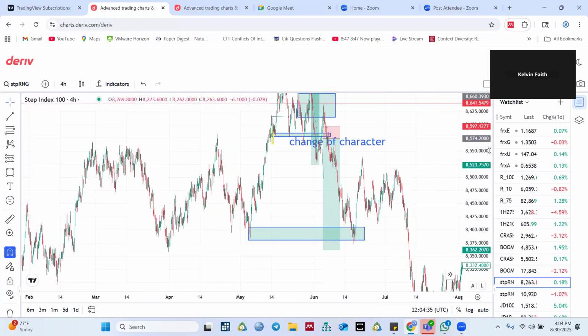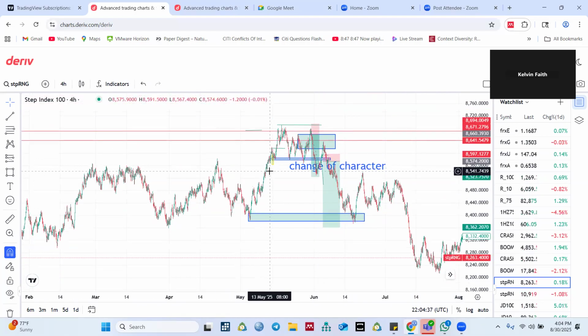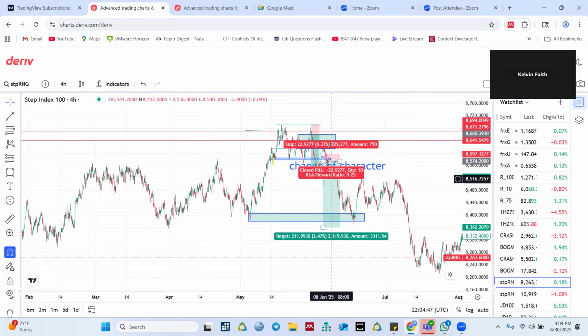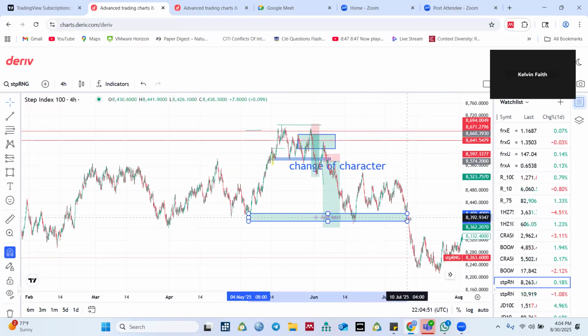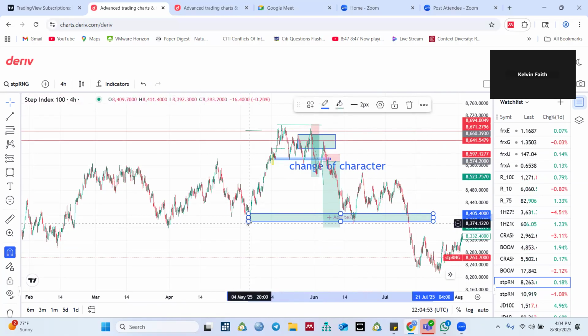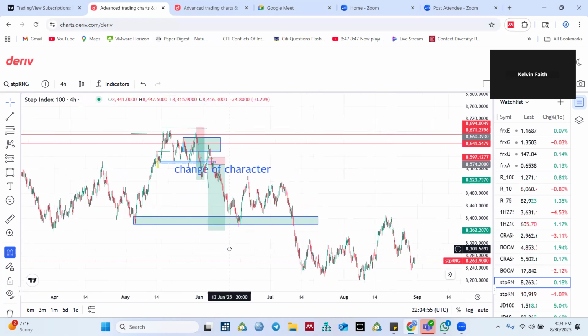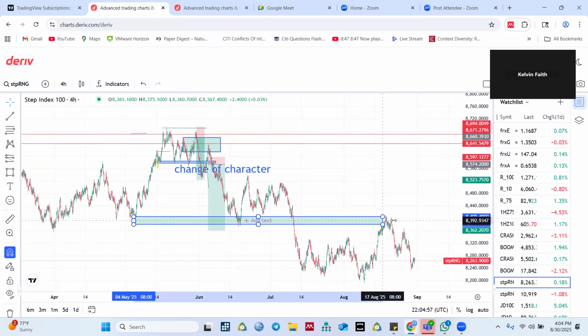Okay. So we were dealing with the internal low that gave us that high. Now we have the last external low before the higher high. Price traded into that area. If price is to break this external low, we will have more sells.